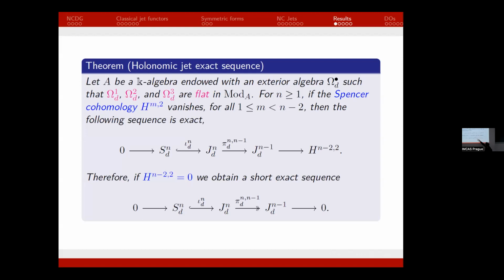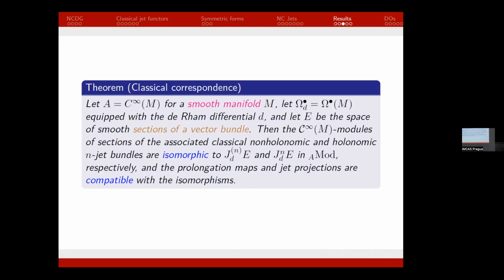And the bundle E is itself the solution of the differential equation 0 = 0, so the trivial equation. So it makes sense that this equation is integrable. So in a sense, by turning things around, a good notion of bundle will have to be such that the Spencer cohomology on it vanishes. This is the claim. Okay, so if the Spencer cohomology vanishes, then we have the short exact sequence. This is the first result.